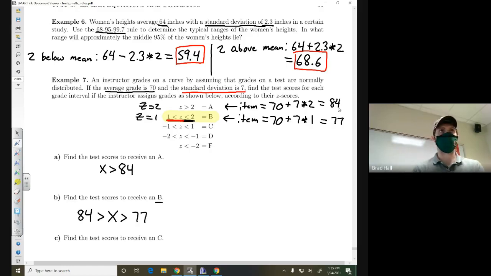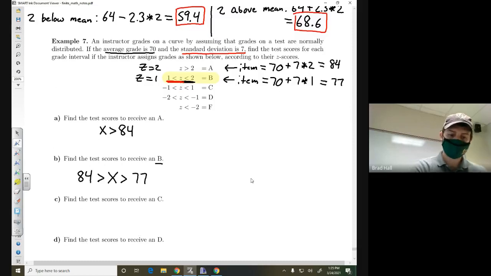So that tells us the lower bound. So between an 84 and a 77, that's the B grade.